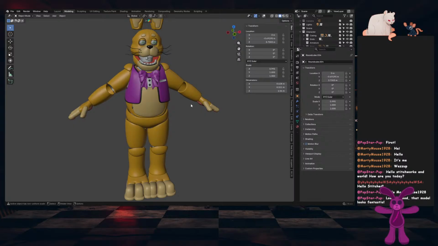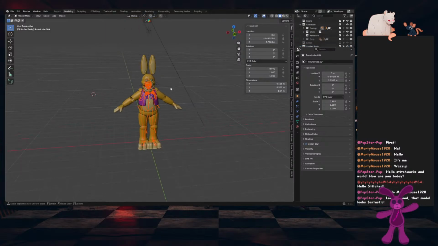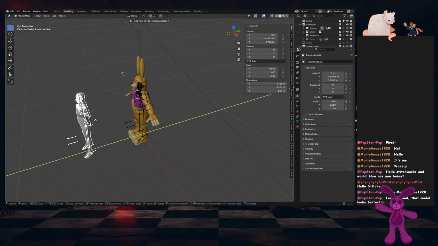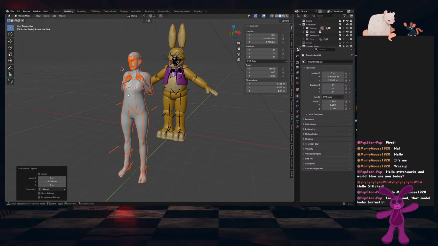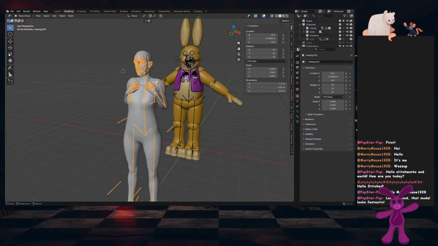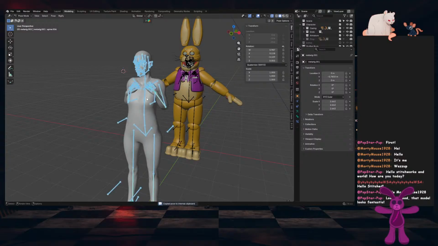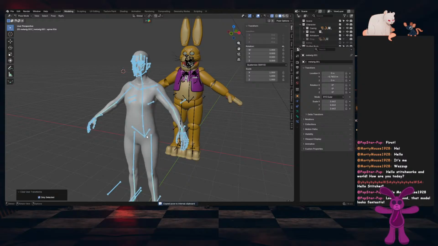I've got to figure this out. I want to make sure the only thing selectable is him. Move him forward. I just downloaded an add-on for this. I'm going to copy pose, and then we're going to clear user choose forms.